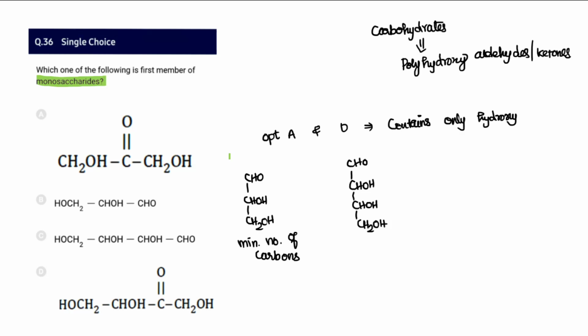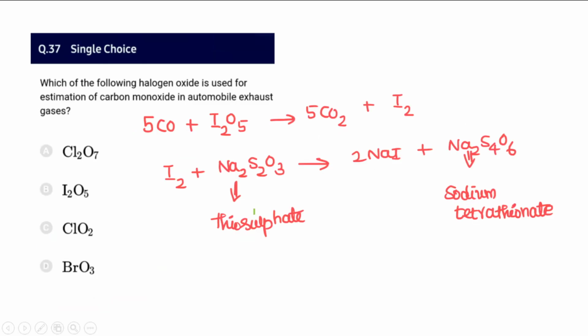So therefore we may say it contains only option A and D. It contains polyhydroxy as well as ketone, but still aldehyde is the very simple monosaccharide. But the exact option here is option B, because that has the minimum number of carbons, so that can act as the very first member of monosaccharide.